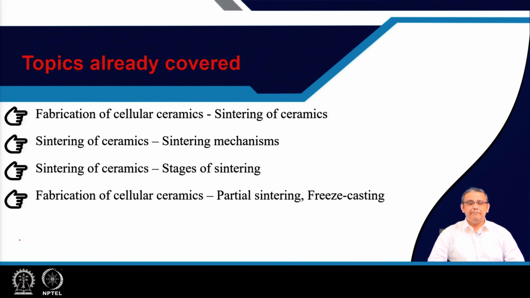So, we learned the basics of sintering, and then we learned about two different processes for porous ceramic fabrication. One was partial sintering and the second one was freeze casting.